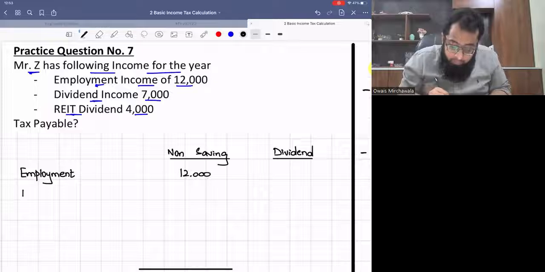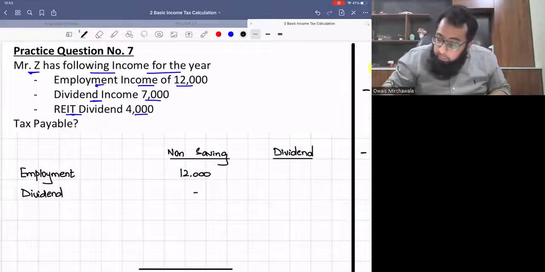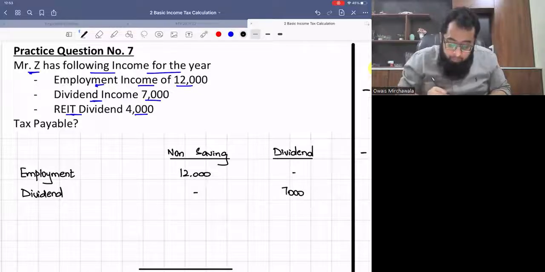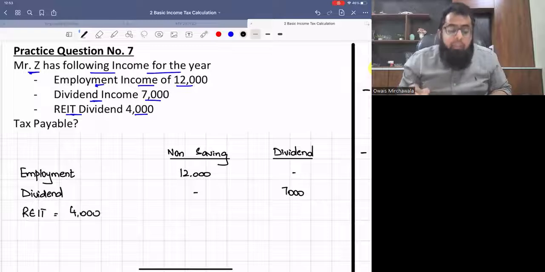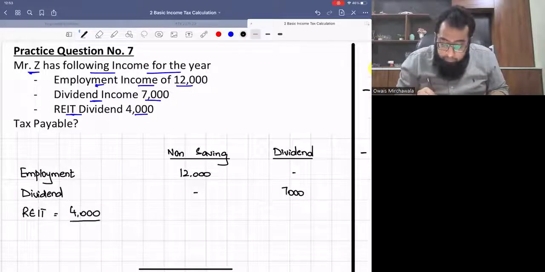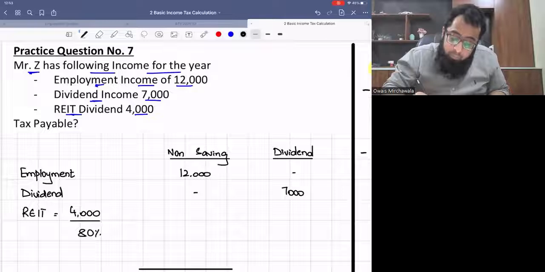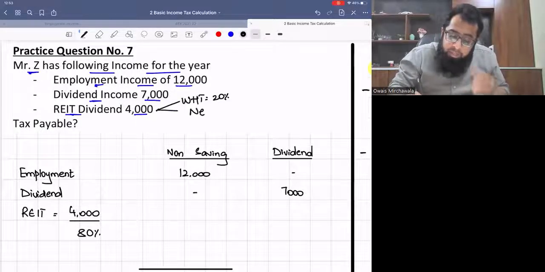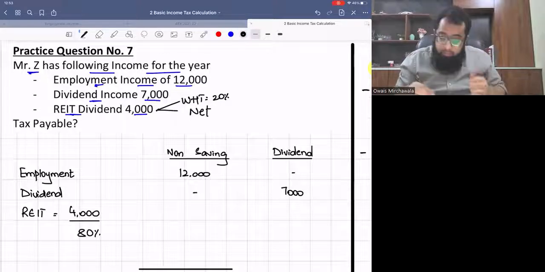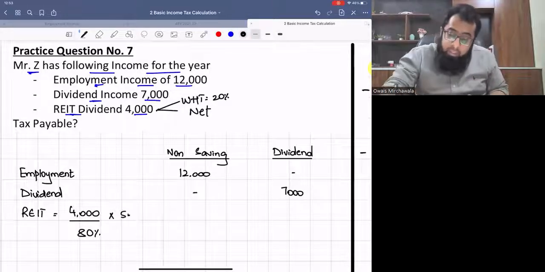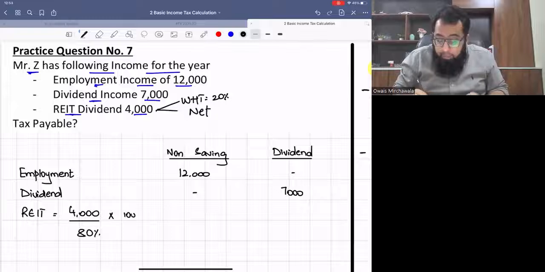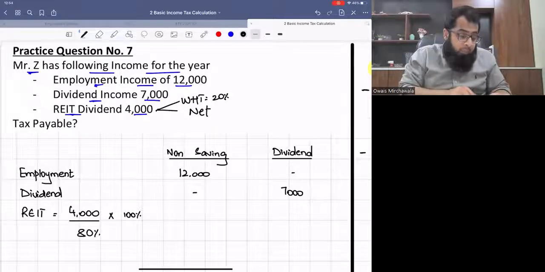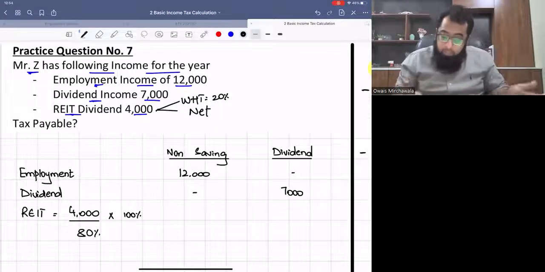Then we have dividend income. Dividend income goes in head of dividend. And then we have REIT. On REIT, 20% tax is withheld, so we will gross it up. Withholding tax is 20% and we receive the net amount when the examiner is silent. So divided by 80%, multiplied by 100%. So the gross amount will be 5,000.